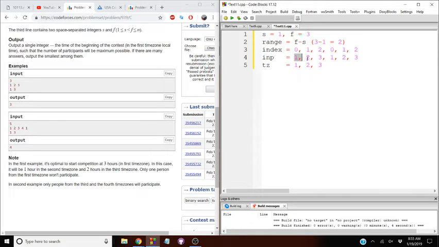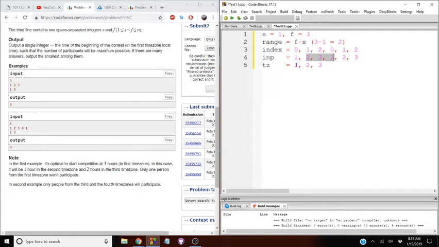Okay, so if we take these two right here, then that represents this range here, which means that 0 is at input 1, right? Now if we take these two values, that represents this range here, which means that the time zone of 0 is 3, because it's the third value.